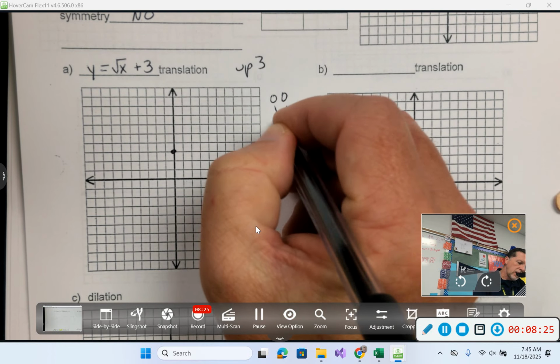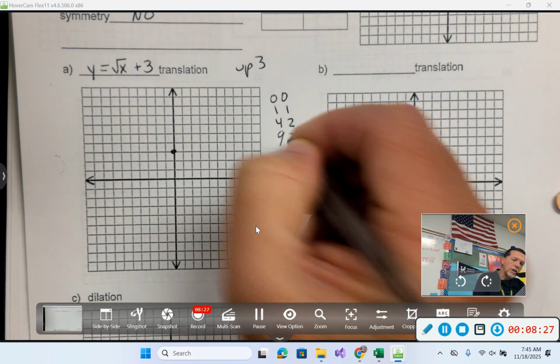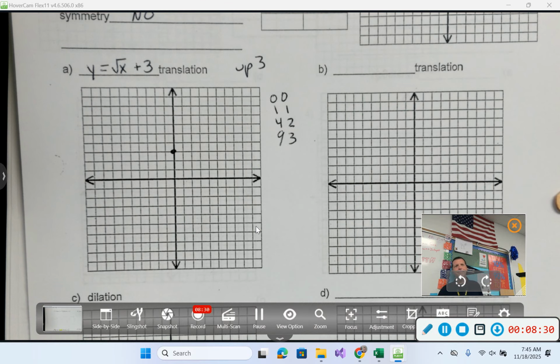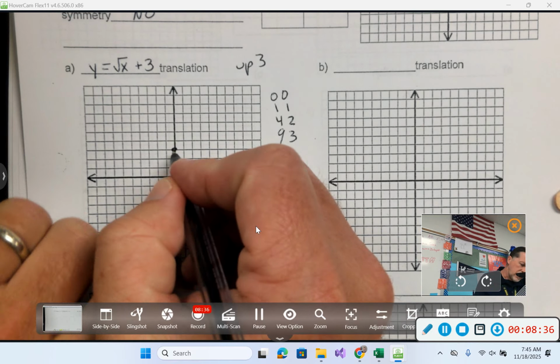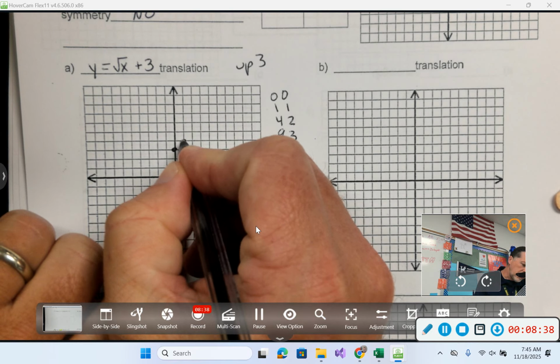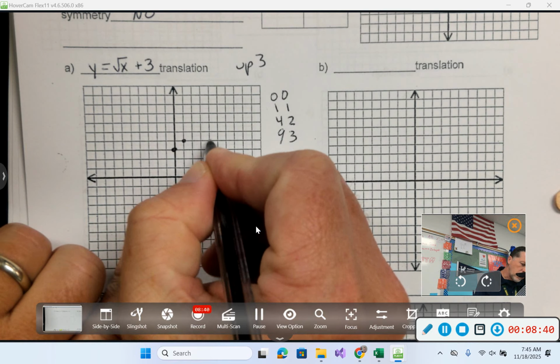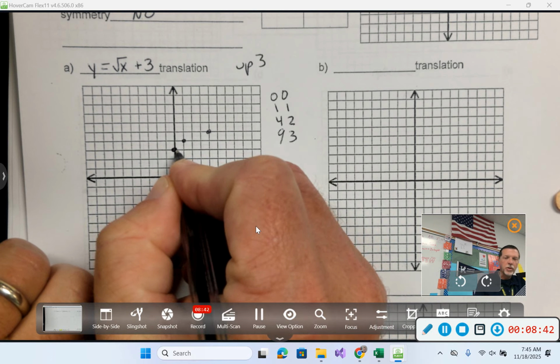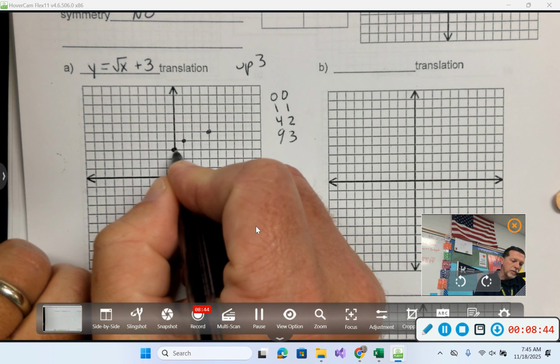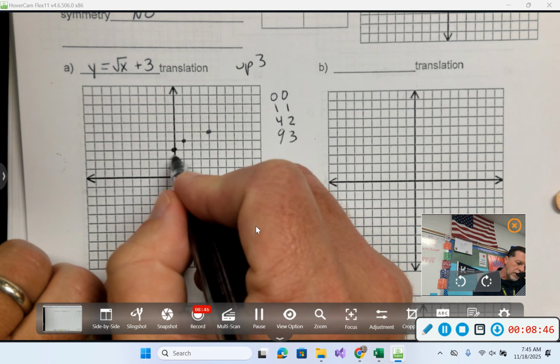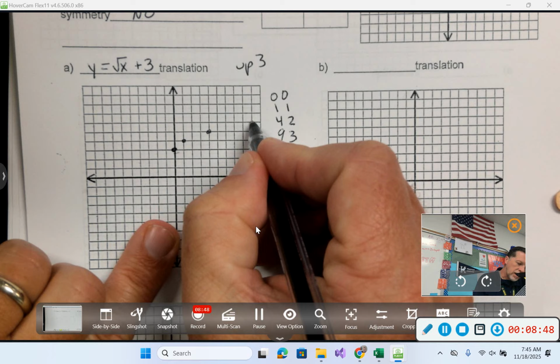And then we know the set of, I almost said ordered pairs, but they're not really ordered pairs. They're more like ordered directions from the starting point. So over 1, up 1, over 4, up 2, from the starting point. Not from the 1, 1 spot, but from the starting point, 4, 2. And then 9, 3.